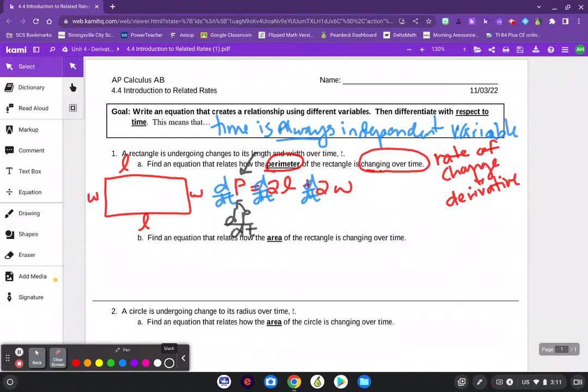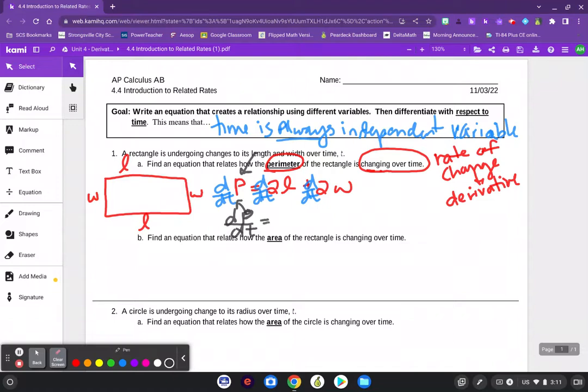I am going to strongly encourage you to use this Leibniz notation. Since t is this unspoken independent variable, t does not show up in my red equation anywhere, so I want to make it known that t is the independent variable. I do that by using the notation dP dt.